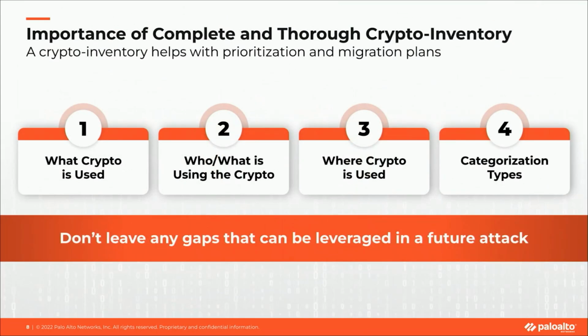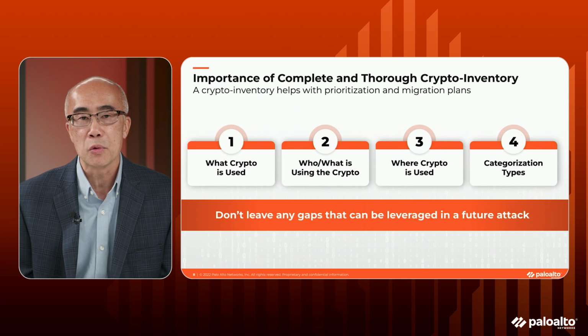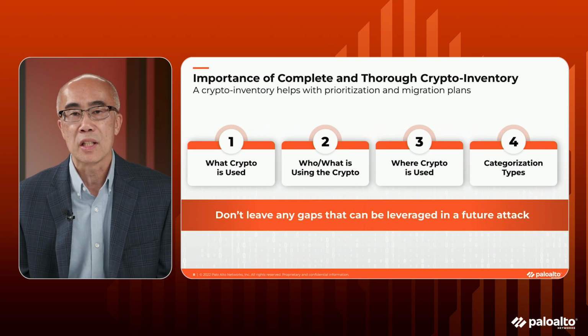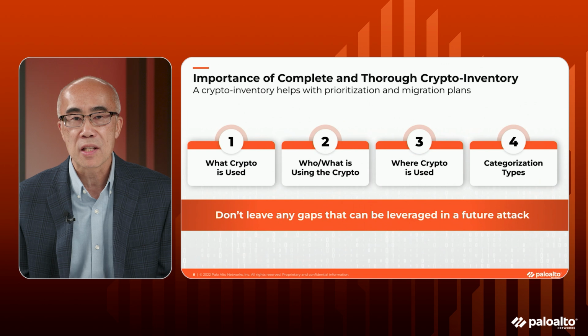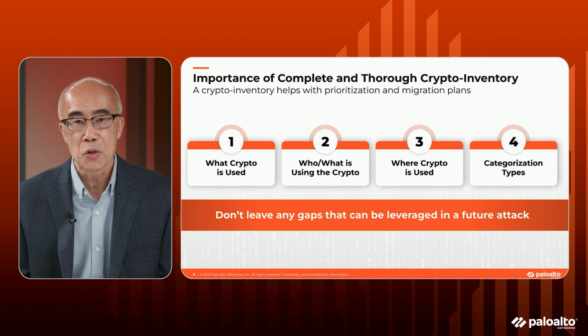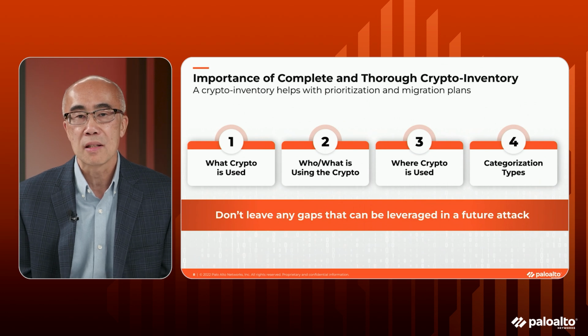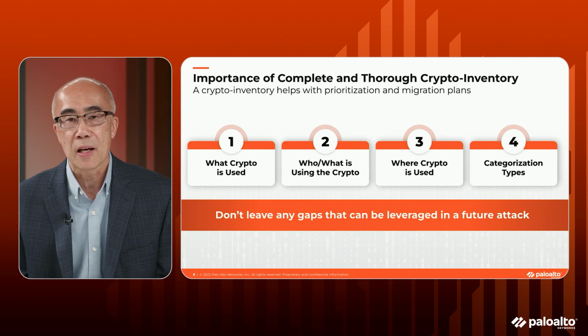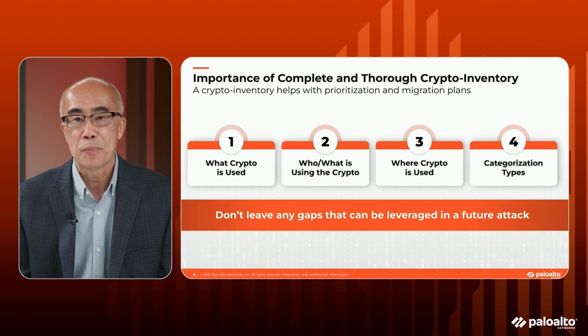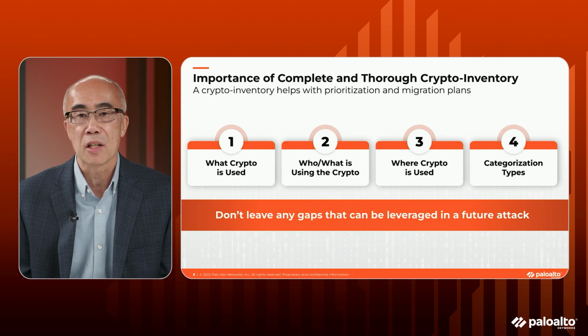And this brings us to the importance of a complete and thorough crypto inventory. When you start this project, there are 4 key areas you need to concentrate on. One is identifying all the crypto that's being used today, who and which devices are using that crypto, where the data is flowing, and what the crypto is being used to secure end-to-end and throughout the network. As you conduct your crypto inventory, you're going to come up with several categorization types that will help you with prioritization.